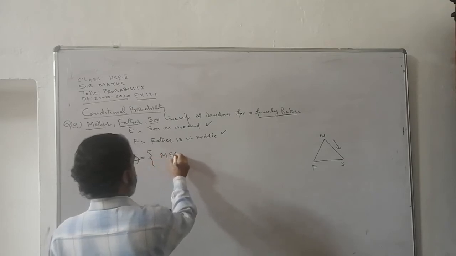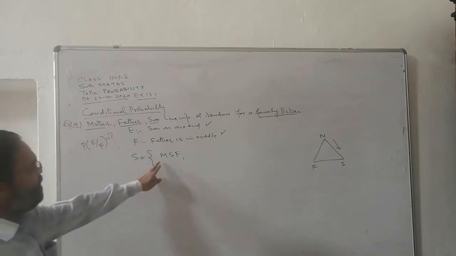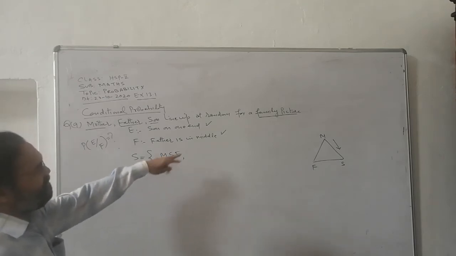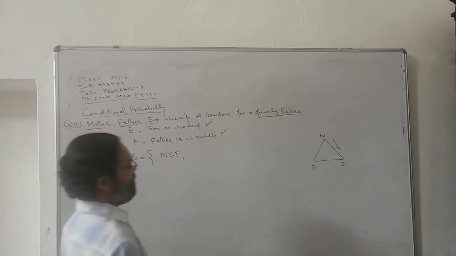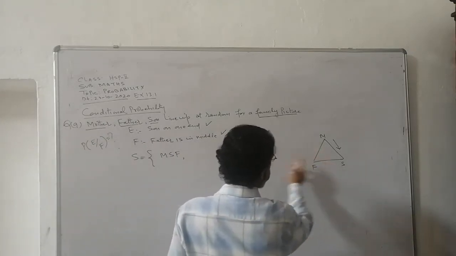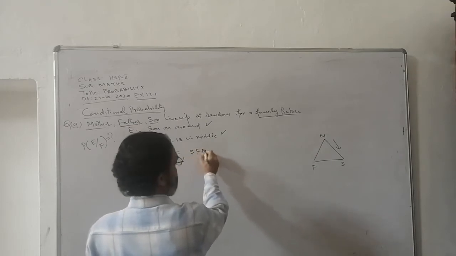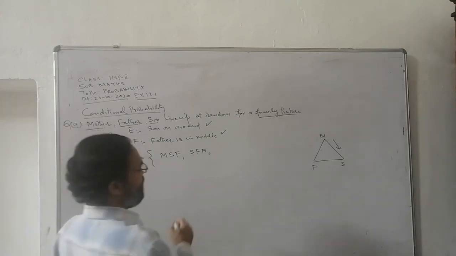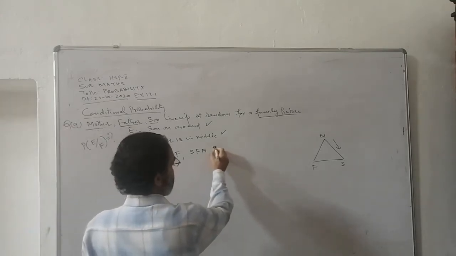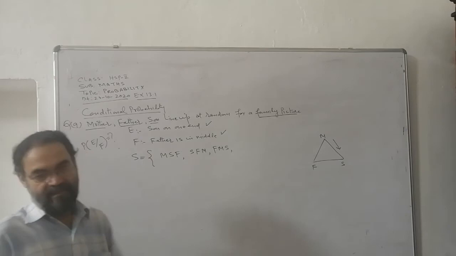First position: M S F, in which mother, son and father can have a picture. The second possible arrangement can be S F M. This can also be possible. Third can be F M S. So these are three possible positions.